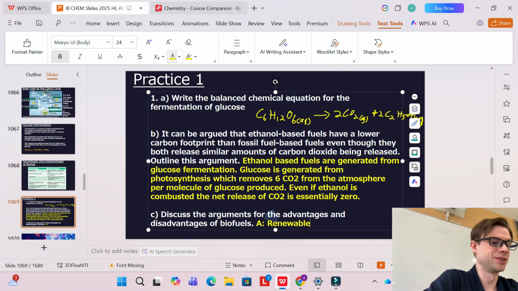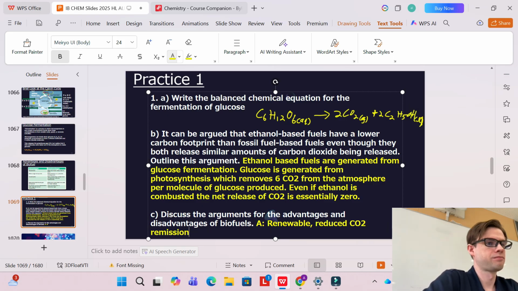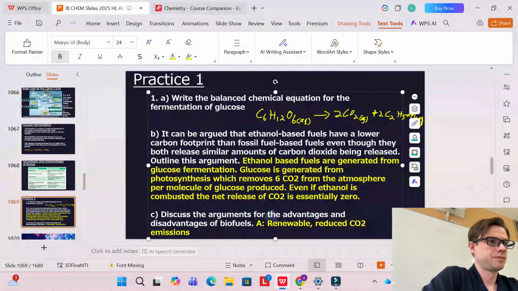That's on its own a very good reason to focus on such kind of fuels. What else is good about biofuels and ethanol? Reduced CO2 emissions. So we won't have as much greenhouse effect and disruption of our climate.